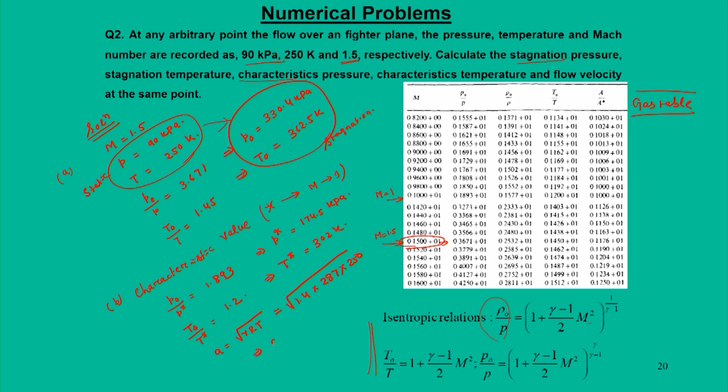So, which means A here is 317 meter per second. So, we have A, we have Mach number, this will give you V is equal to M times A, and that is equal to 475.5 meter per second. So, this particular data corresponds to velocity of the object as 475.5 meter per second.